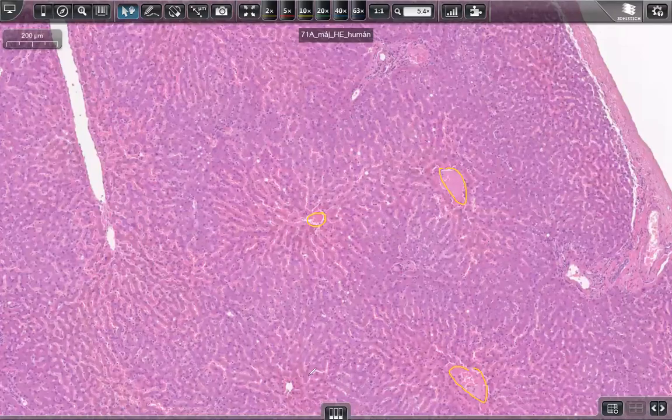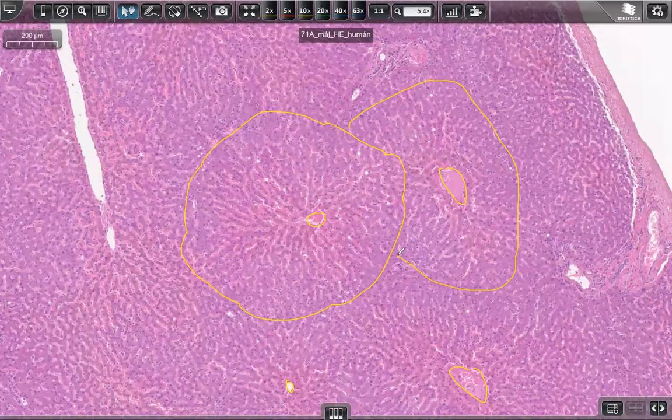These are the centers of the hepatic lobules called central veins, and approximately here we have the exact edge of one lobule. There is another.